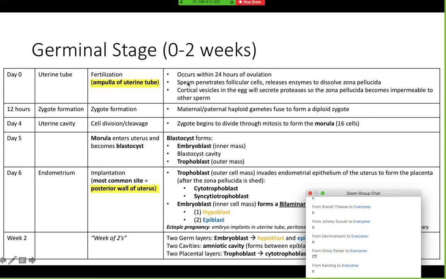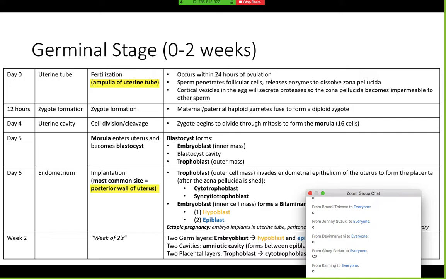Fertilization is going to occur within 24 hours of ovulation, but you have to keep in mind that sperm can survive up to 6 days in the female reproductive tract. So if ovulation occurs within those 6 days, the egg can still be fertilized.